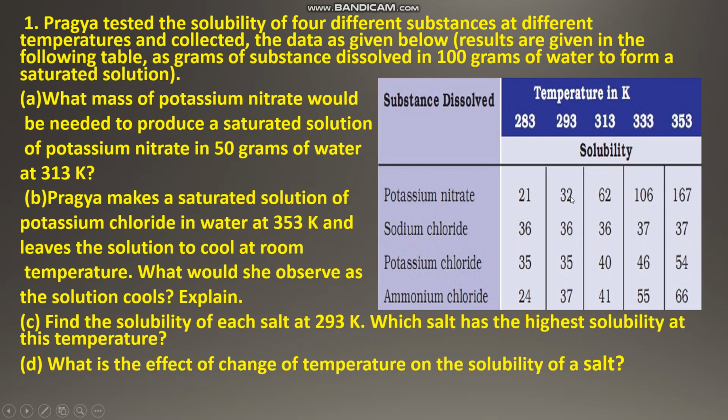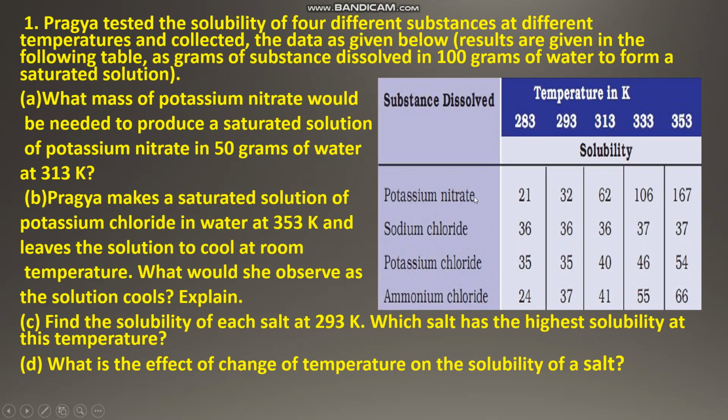Potassium nitrate, it is 32 gram per 100 gram of water at 293 Kelvin. Sodium chloride solubility is 36, potassium chloride 35 and ammonium chloride 37. So, which is having highest solubility? Ammonium chloride.